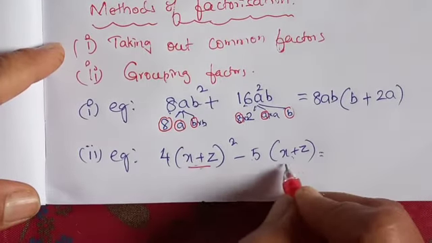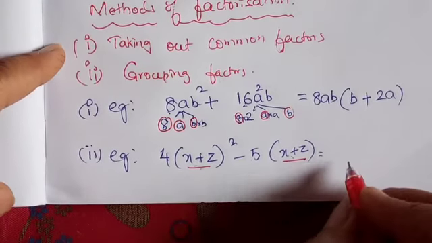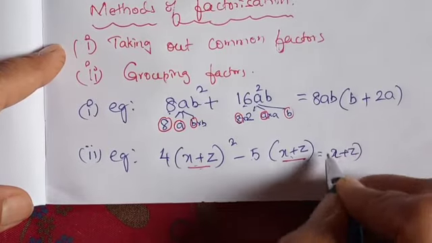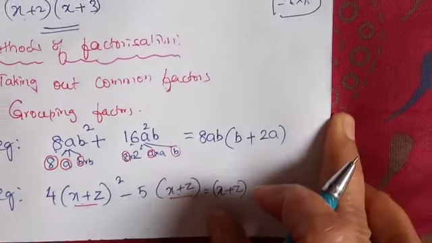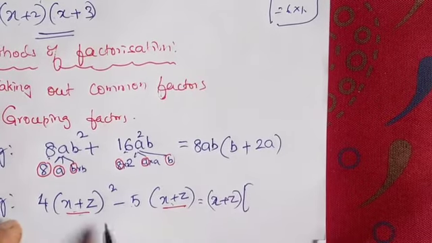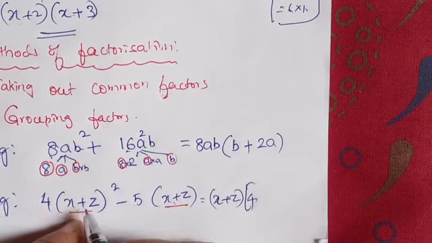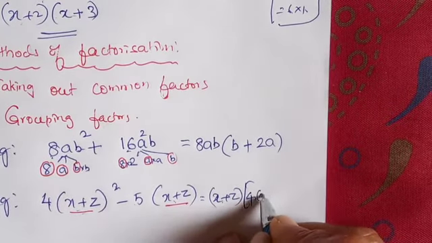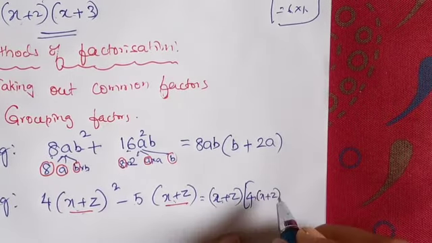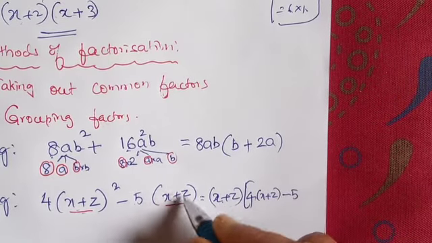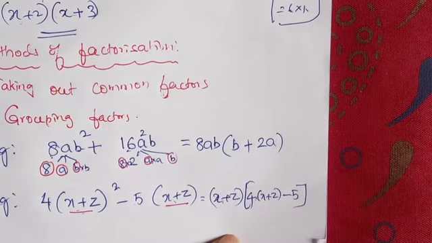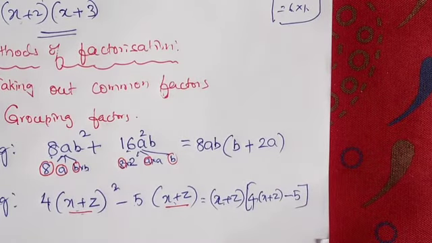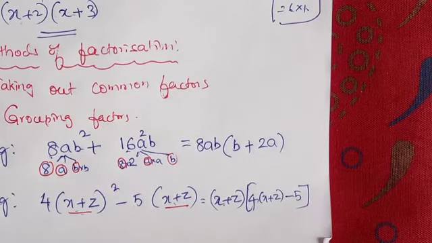I'm underlining it because it's a binomial. So the common term I will write outside, x plus z. Next term is 4. One I took outside, one I have to take inside: (x plus z) minus 5. I have taken the common out, that's all. This is how we can do factorization by taking common factors outside.